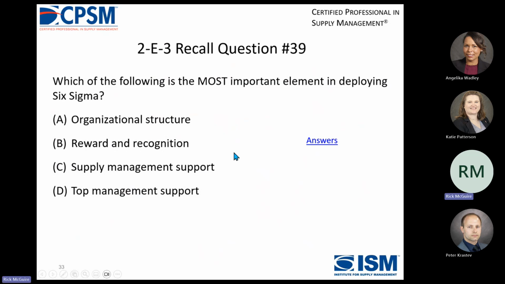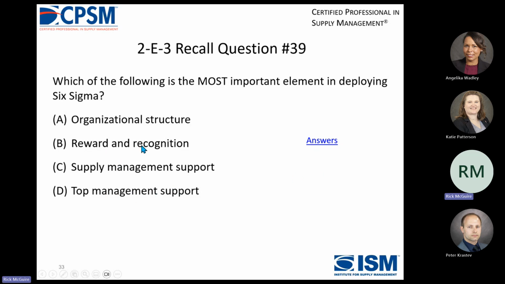All right. Which of the following is the most important element in deploying Six Sigma? I think this is probably one of the ones that's a little bit obvious. Just the way that ISM thinks, I'm guessing it's going to be this one here.